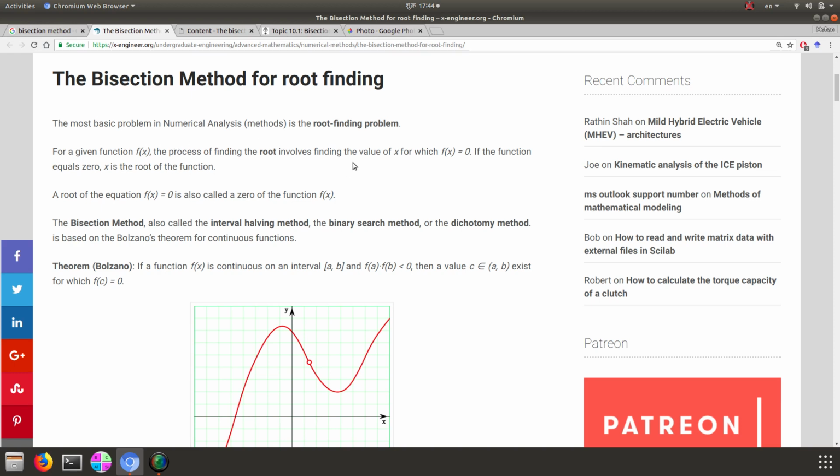The root is defined as the particular value of x at which the functional value is equal to 0. So the value of x at which the functional value equals 0 is the root of the equation. In this tutorial I will be talking about finding the root of the equation by using the bisection method.